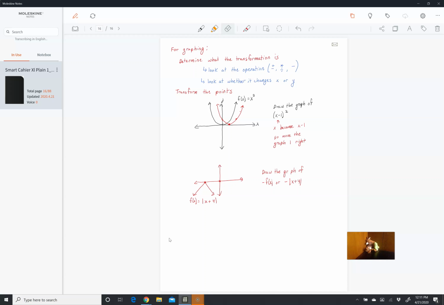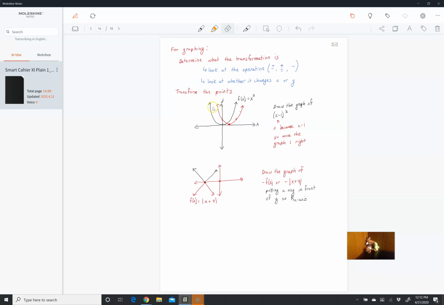So here you're changing y. You're putting a negative in front of y. So this is a reflection in the x-axis. Okay, negative in front of y is a reflection in the x-axis. So you're just reflecting in the x-axis. Okay, that's all that you're doing.